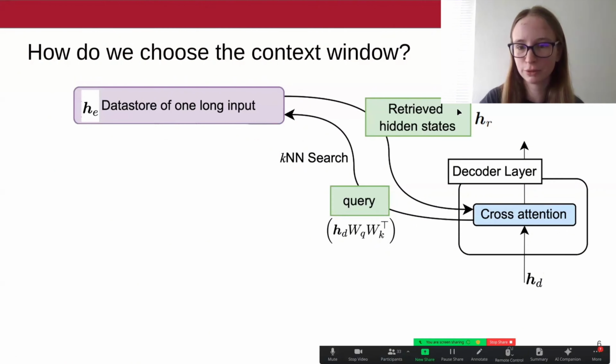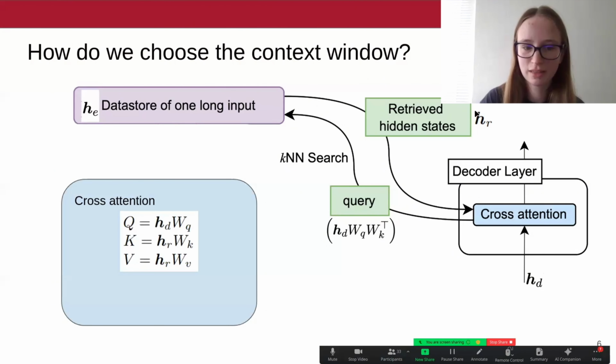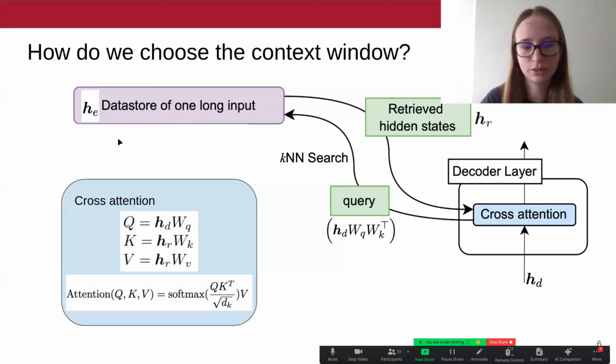And this will give a set of retrieved hidden states that would have maximized the attention weight. Then, rather than computing cross attention with a fixed set of encoder hidden states, we compute it with this retrieved set of hidden states. And the rest of the model continues as normal.